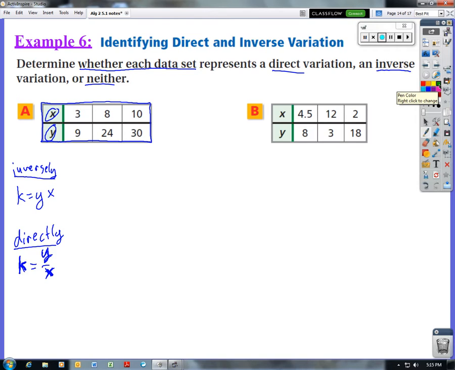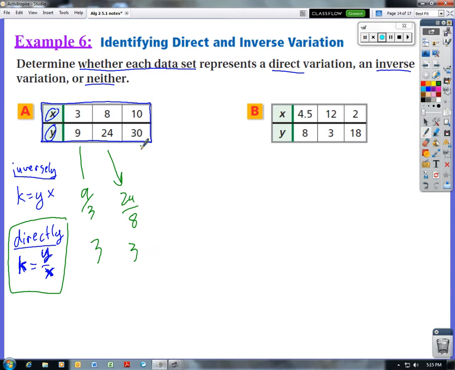So let's try to divide them. If we go with direct, we can try y divided by x. So in this case it would be 9 divided by 3 equals 3. This one would be 24 divided by 8 equals 3. This one would be 30 divided by 10 also equals 3.